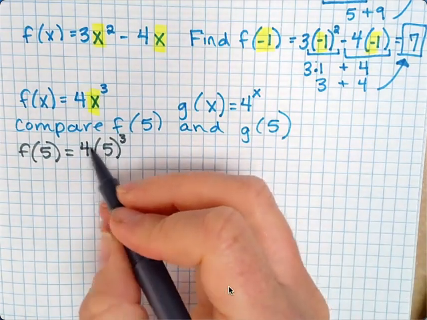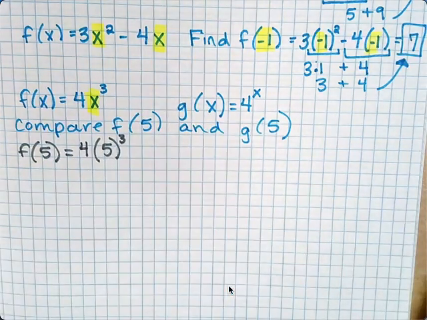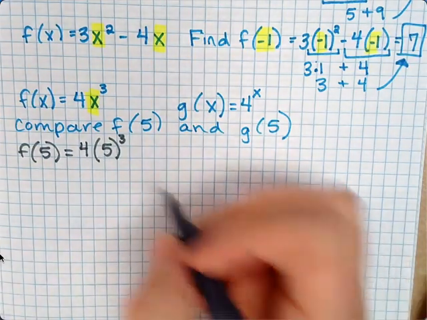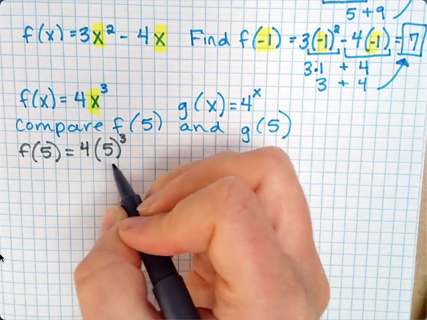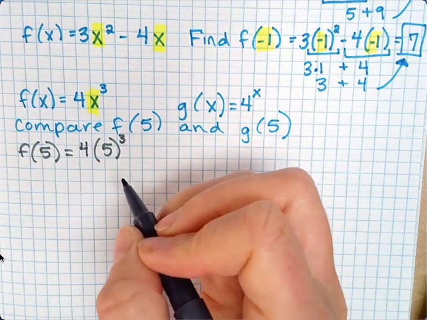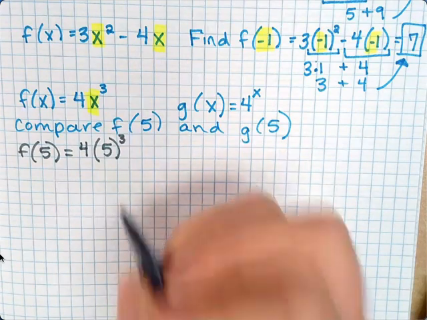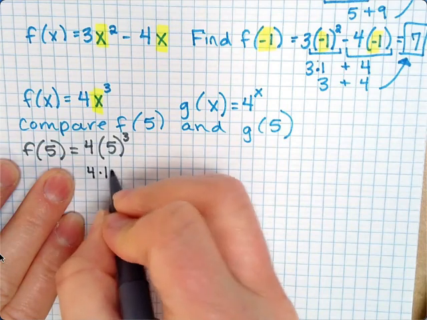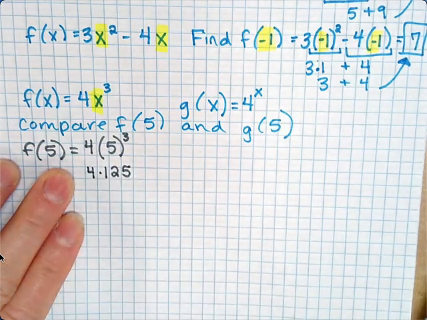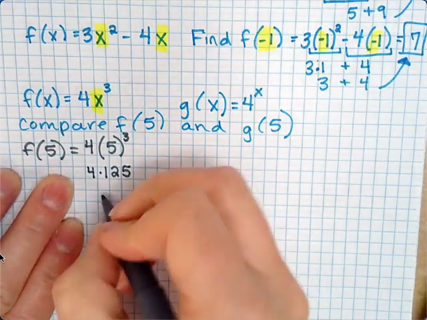We can put this straight into the calculator, or we can work it out. So 5 to the third means 5 times 5 times 5. 25 and 125. So 4 times 125 is 500.